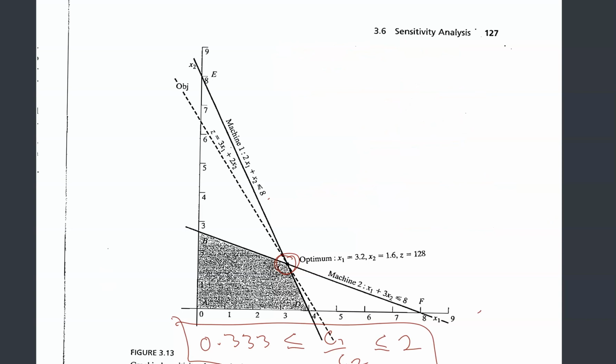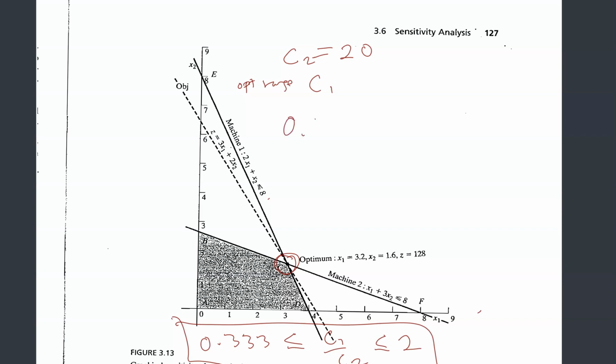Now suppose that one coefficient of the objective function is fixed and we want to find the range for the other coefficient. For example, we fix the value of c2 at 20 and we want to find the optimality range for c1.